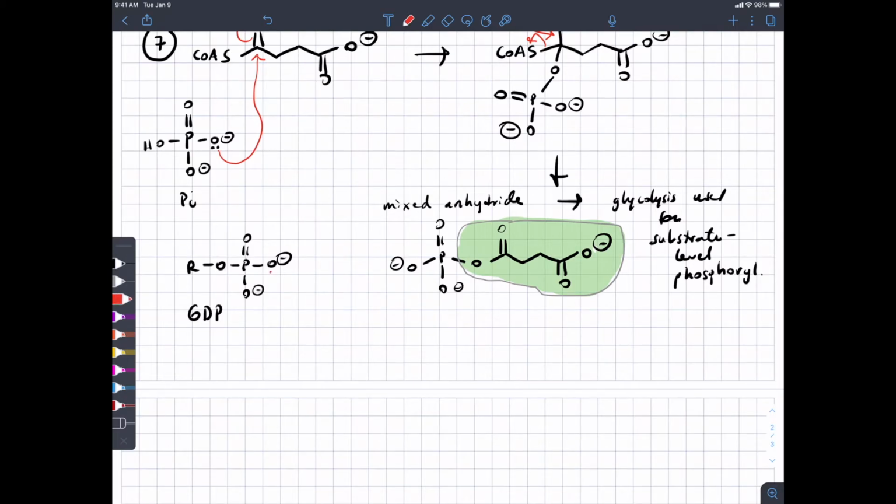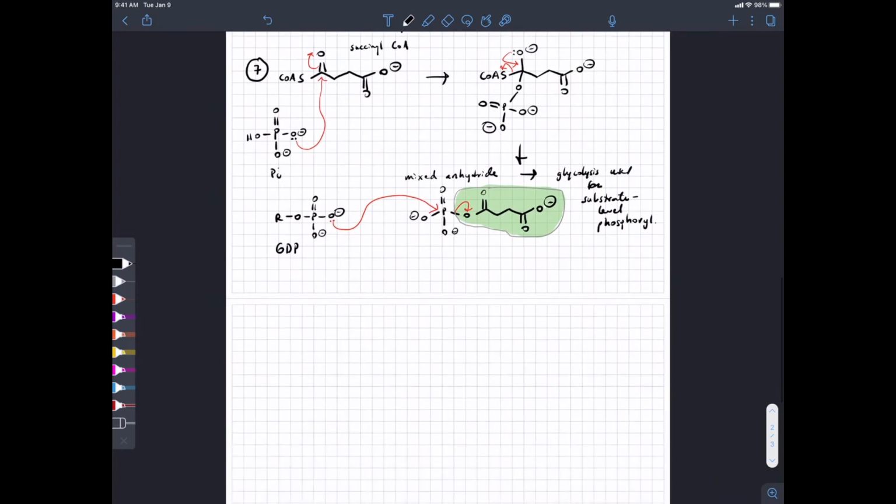This reaction is going to be basically SN2 style. Negatively charged oxygen attacks phosphorus to make a new bond, and we break that bond. After that's done, we get GTP as a product, which we can use interchangeably with ATP. And then we've got our 4-carbon acid, which is just called succinate.